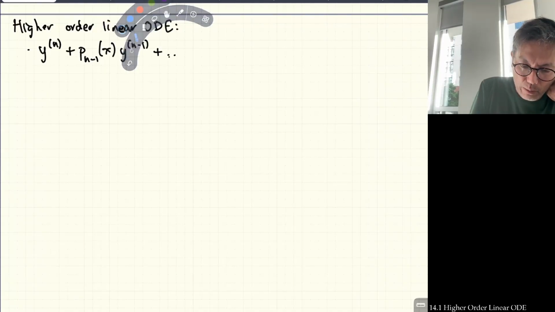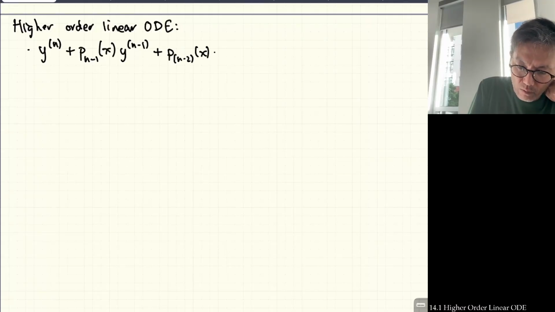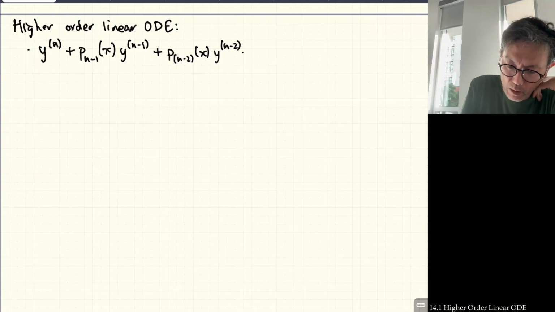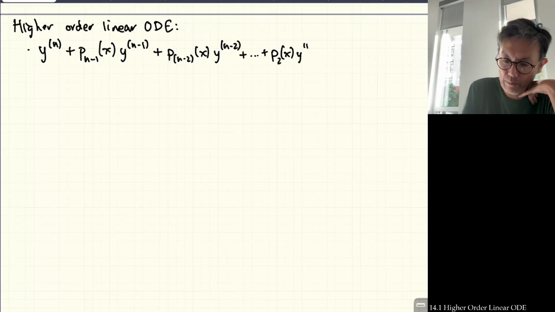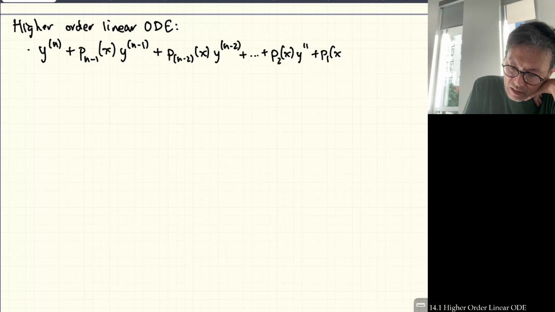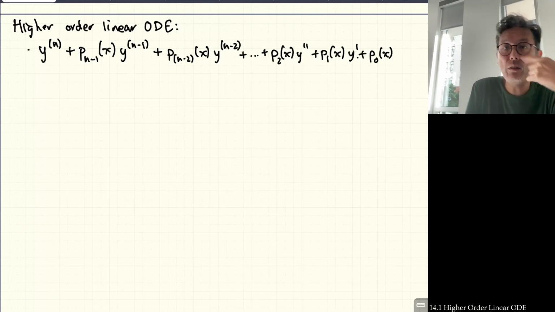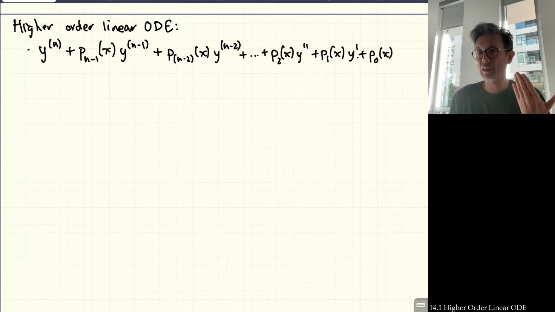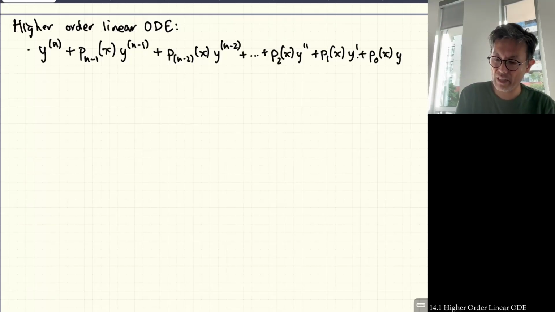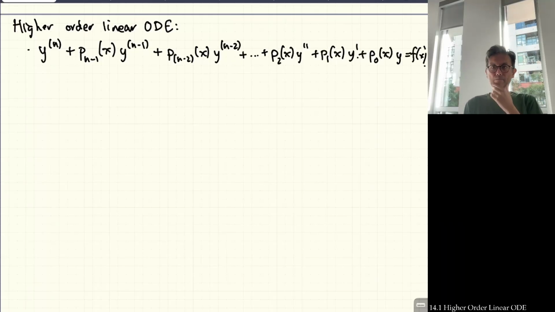I guess the next term would be p sub n minus 2 of x, the n minus second derivative of y, and we keep going like this all the way down to p sub 2 of x times the second derivative, which I might write as y double prime, plus p sub 1 of x times y prime, plus p sub 0 of x times the 0th derivative of y, which is a weird thing to say out loud, but all that is y. Okay, and this whole thing here is equal to f of x.